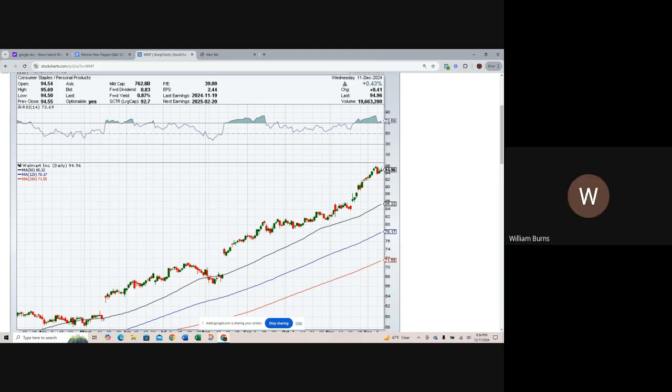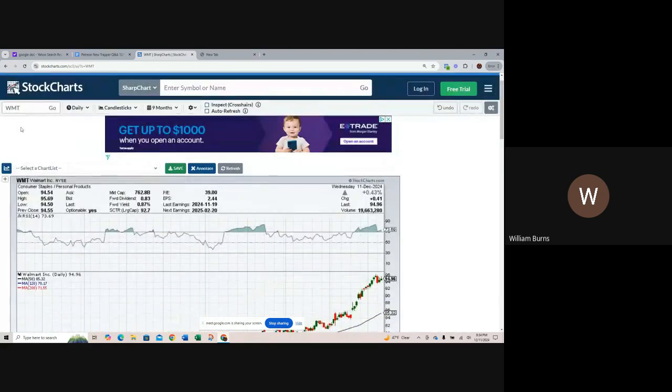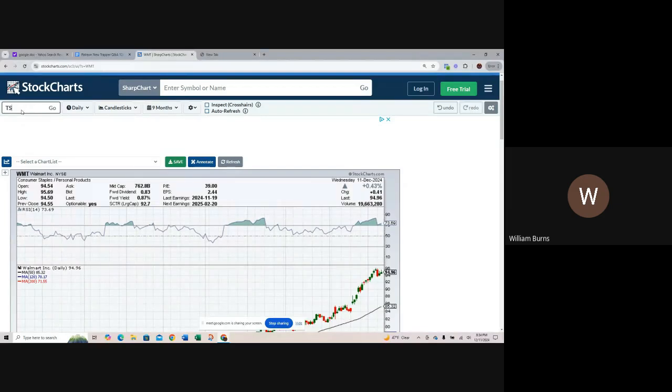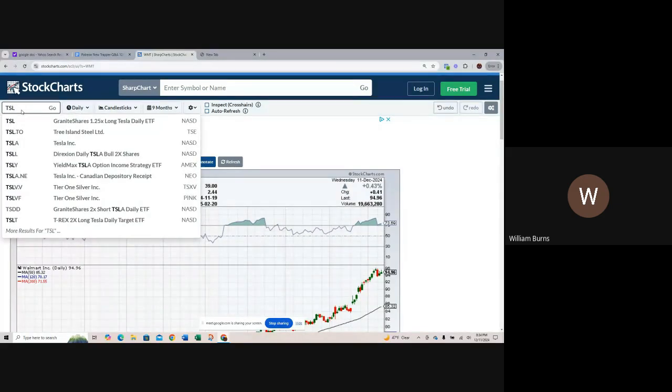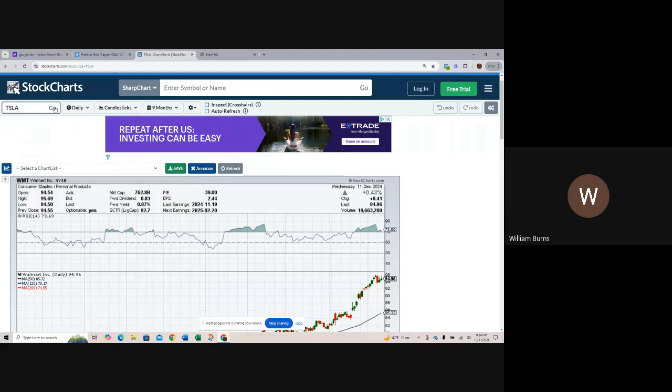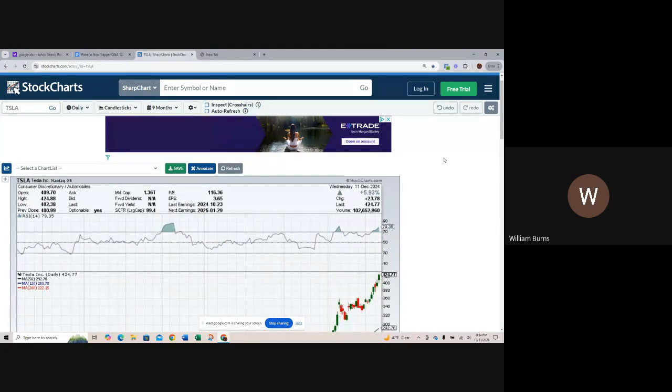You just want to be able to use these tools to your advantage. Go ahead, back to the RSI. One stock that is in an interesting spot right now would be Tesla, because Tesla's running and the RSI is high, right? That could be a gamble because you don't know if it's going to keep going.